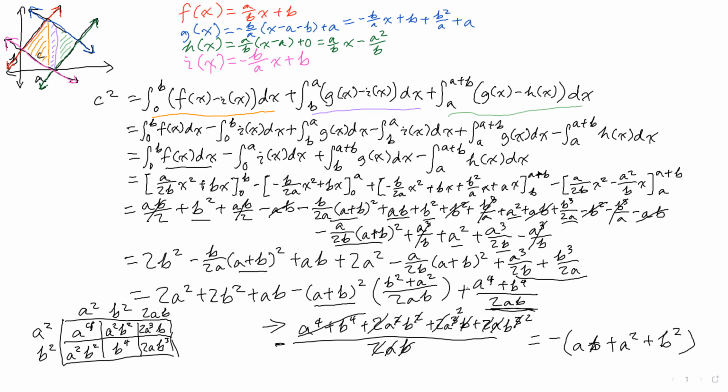So coming back, what we've done is turned this whole section into negative ab plus a squared plus b squared.